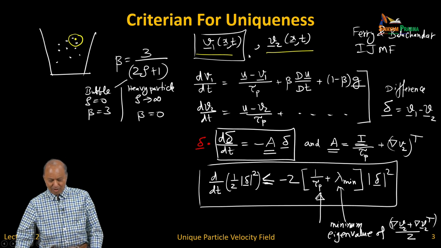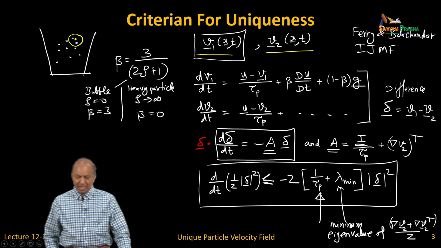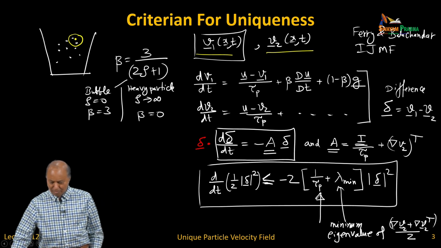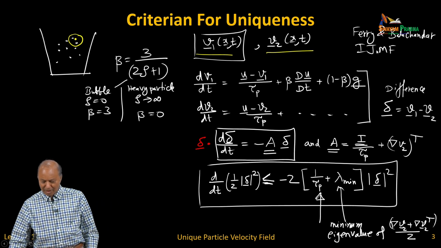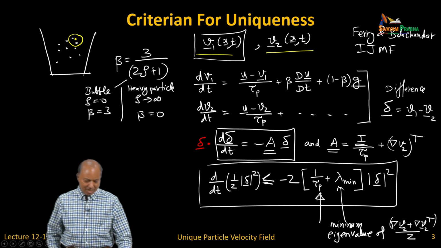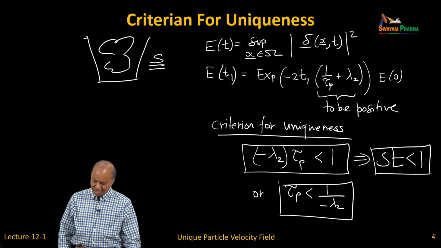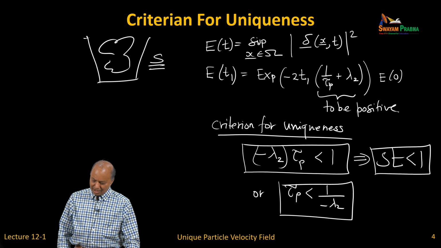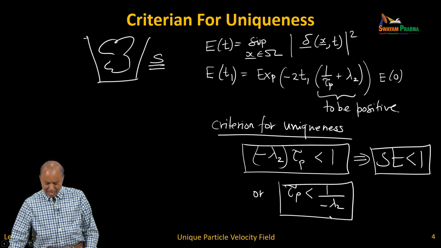So, we said that okay, there exist two different velocity fields, when will their difference die. I want to skip the details, they are all in this paper by Ferry and Balachandar, it appeared in IJMF. So, let us skip the details here, and what happens is that this is the fluid time scale.